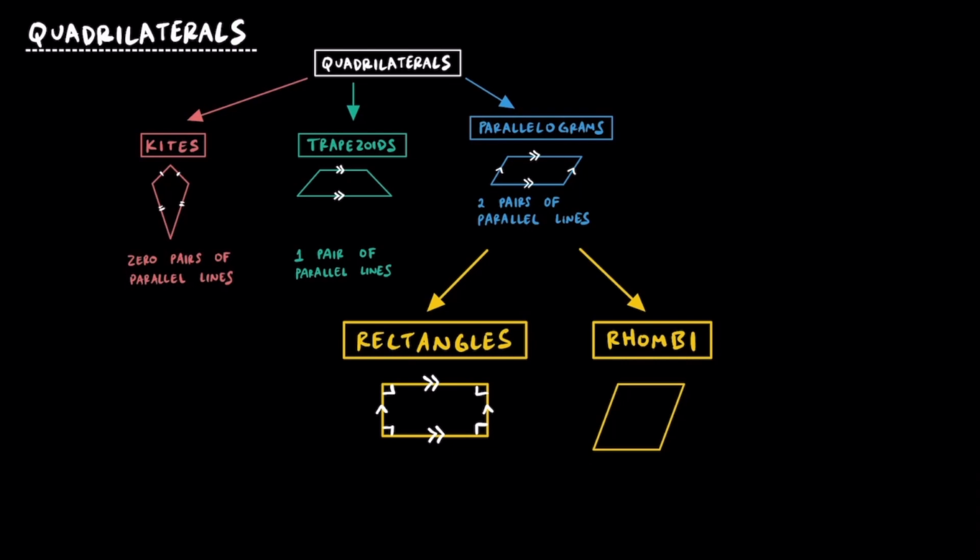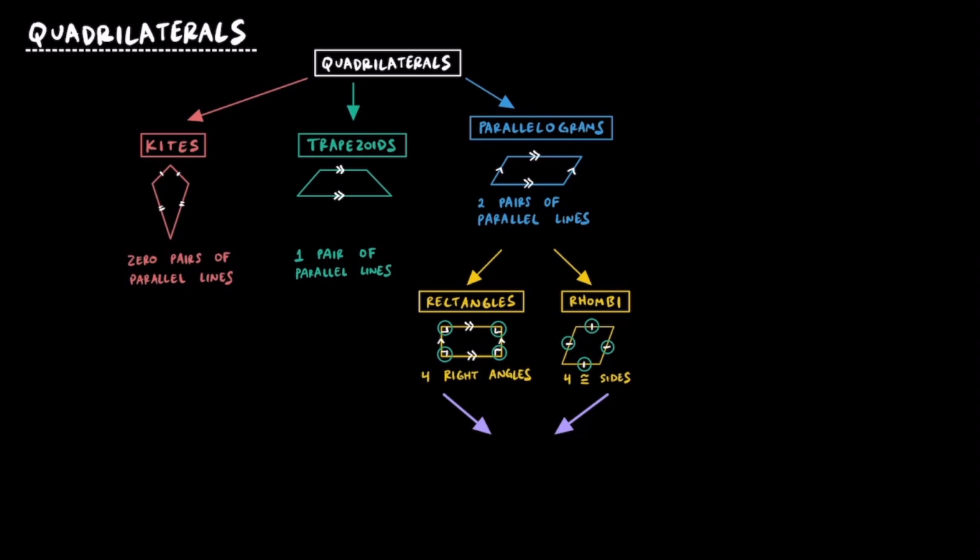Of course, rhombi have 2 pairs of parallel lines just like the rectangles, but what makes them a little bit different from rectangles is the fact that all 4 of the sides are congruent, or are the same length. While rectangles and rhombi are the 2 types of parallelograms that we'll talk about, rectangles have 4 right angles, which makes them special, and rhombi have 4 congruent sides, or 4 equal side lengths.